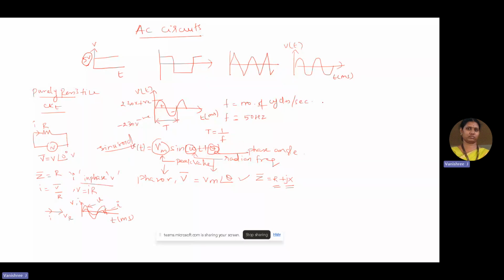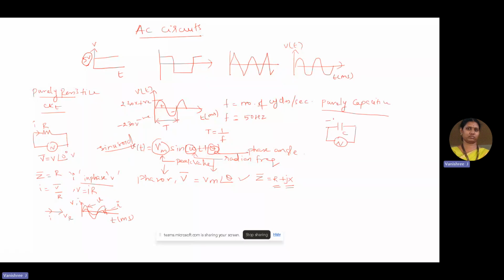Now coming to the purely capacitive circuit. Let us just take a capacitor which is connected to a voltage source.